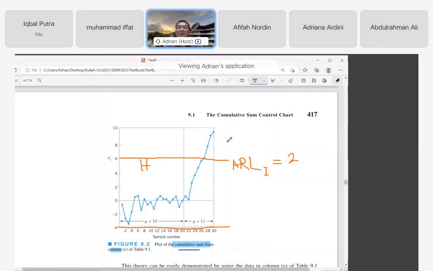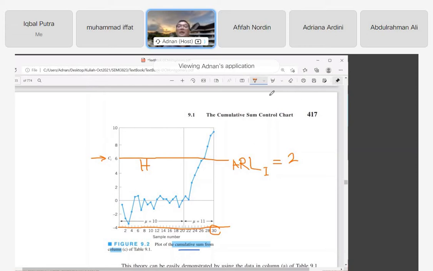In the Shewhart chart, even the last point at 30 still cannot be detected. But here, you can detect depending on where you put your H value. So the bigger the H value, the longer it will take to detect any unstable process.